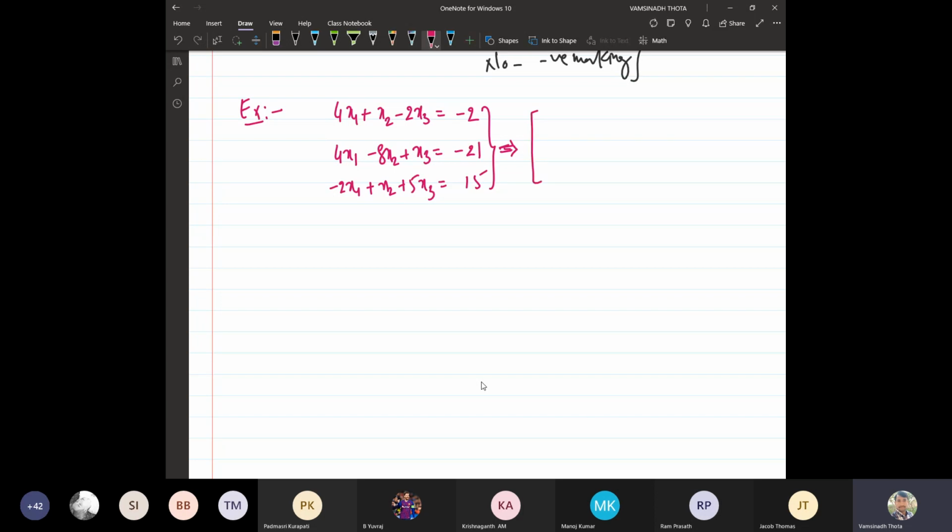The coefficient matrix is 4, 1, -2, then 4, -8, 1, and then -2, 1, 5, times x1, x2, x3 is equal to -2, -21, 15. So Ax is equal to B.